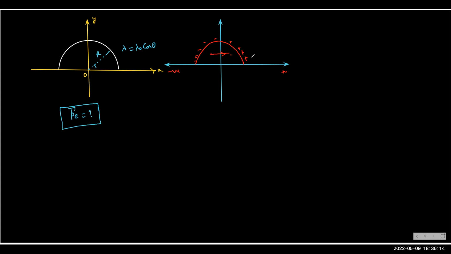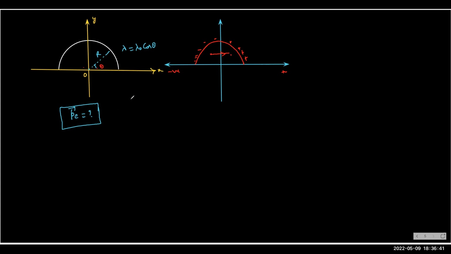While applying limits, the limit is from 0 to pi only, because you have to cover the ring. Inside it's 2 theta, but that doesn't matter. So whatever it is, I have to put 0 to pi only.